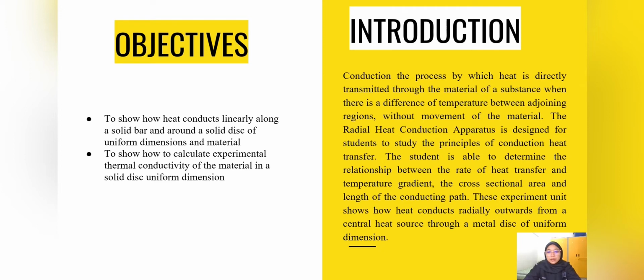The student is able to determine the relationship between the rate of heat transfer and temperature gradient, the cross-sectional area and length of the conducting part. This experiment unit shows how heat conducts radially outward from a central heat source through a metal disk dimension.